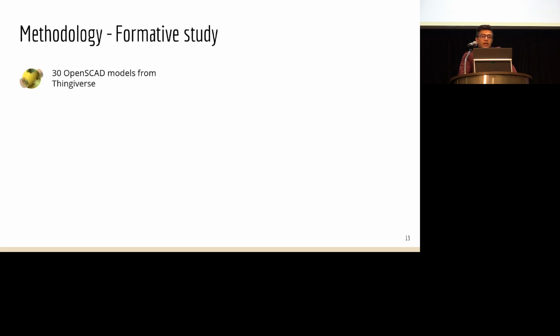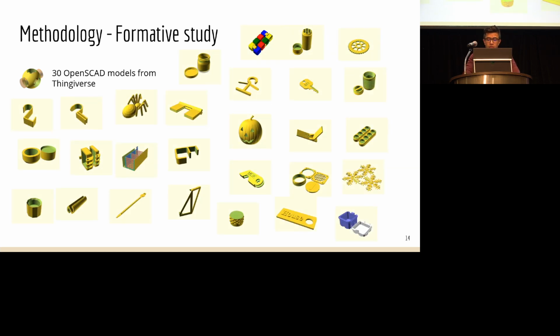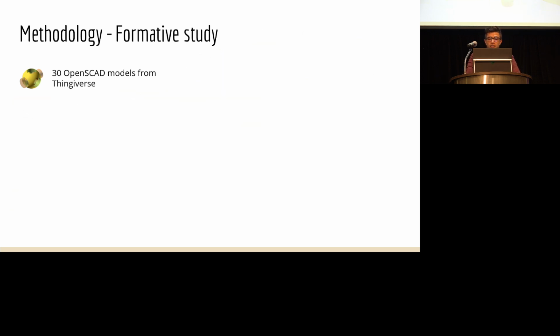In our formative study, we analyzed 30 OpenSCAD models from Thingiverse, which is a website that stores OpenSCAD models for sharing. We took different models under different search filters and analyzed them. We modified OpenSCAD to analyze two types of code statements: spatial transformations and primitive shapes.